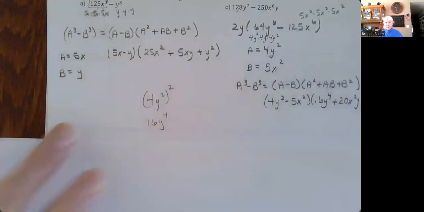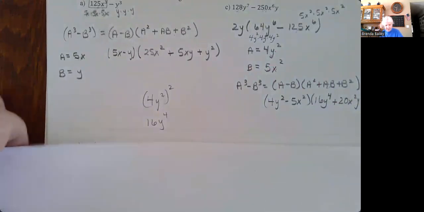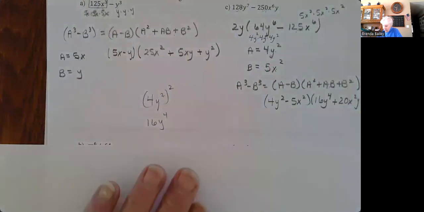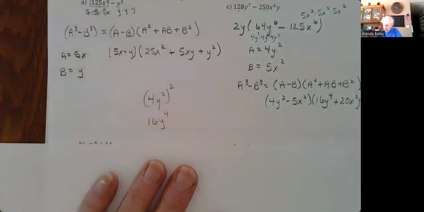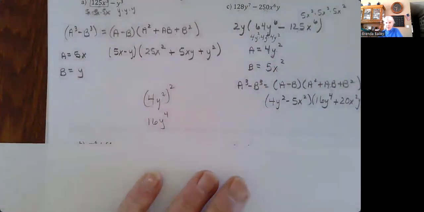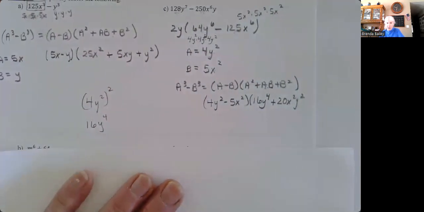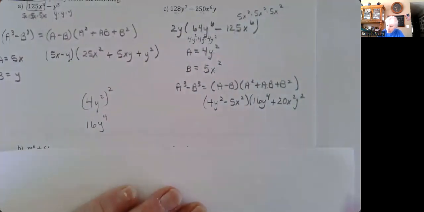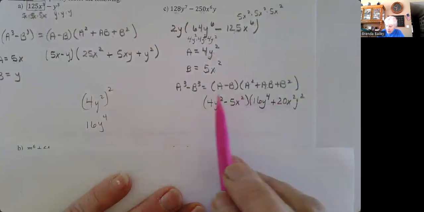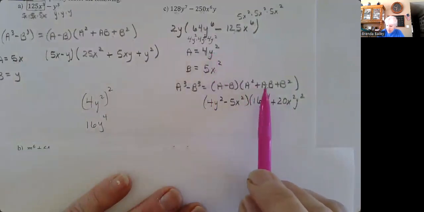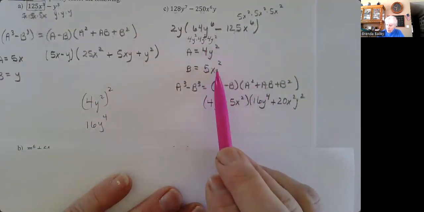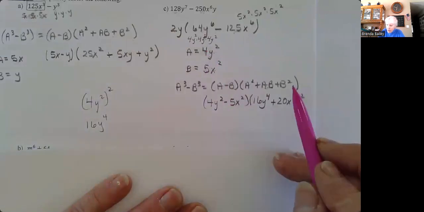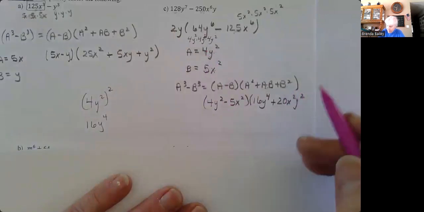I'm going to run out of room. Plus, I just add a sheet of paper over there. So I just multiplied them together. That's what this means. You get 20 x squared, y squared plus b squared.